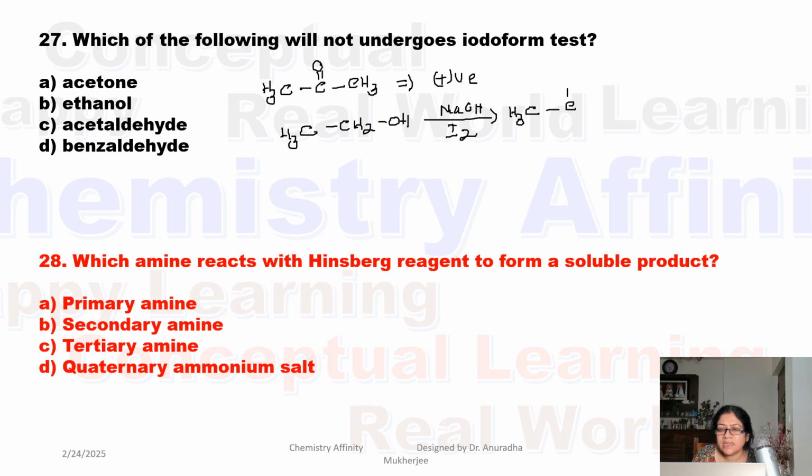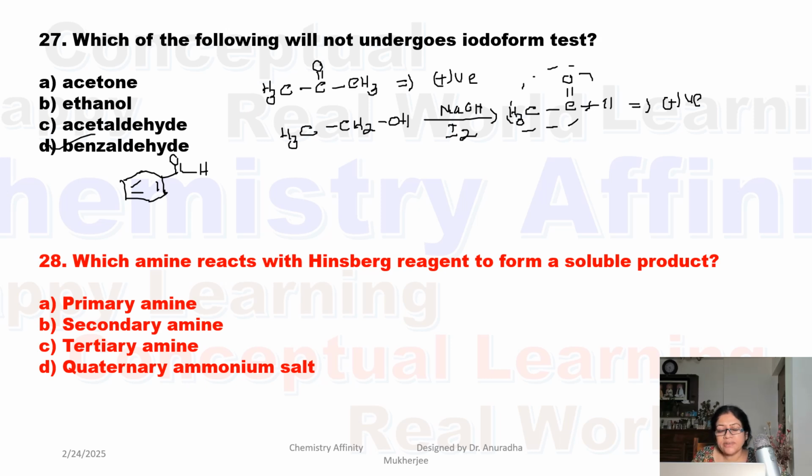Now acetaldehyde is a methyl carbonyl compound, so it gives a positive iodoform test. Acetaldehyde will also give a positive iodoform test. So benzaldehyde. From the structure of benzaldehyde you can see it's not a methyl ketone, so it will not undergo the iodoform test. So the correct option is option D.